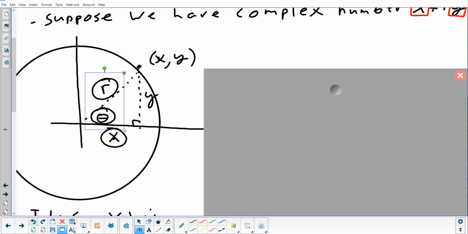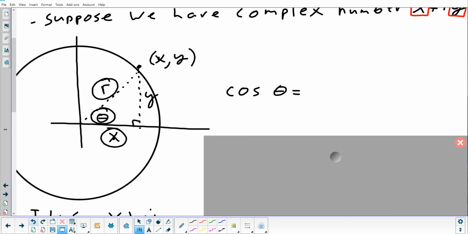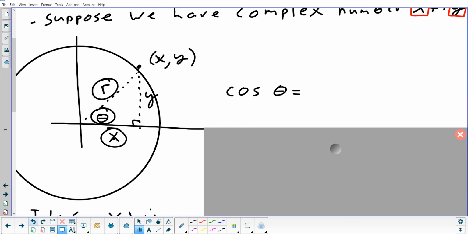Would it be sine, cosine, or tangent? Cosine. Yeah, very good. So the cosine of this angle would equal... Cosine is adjacent over hypotenuse. Is there any question why that equation is true? The cosine is x divided by r.